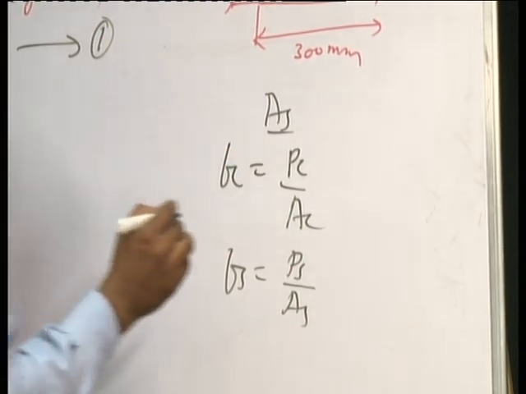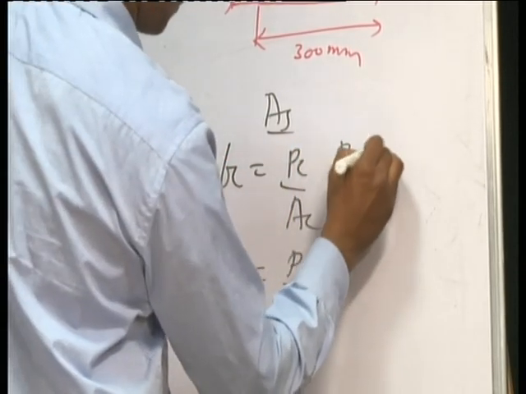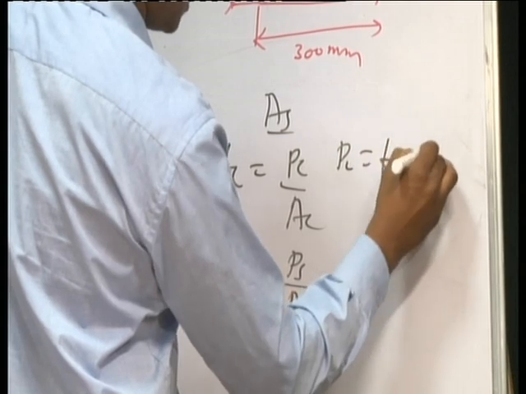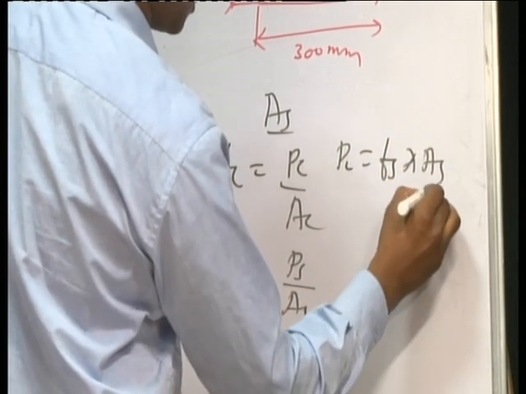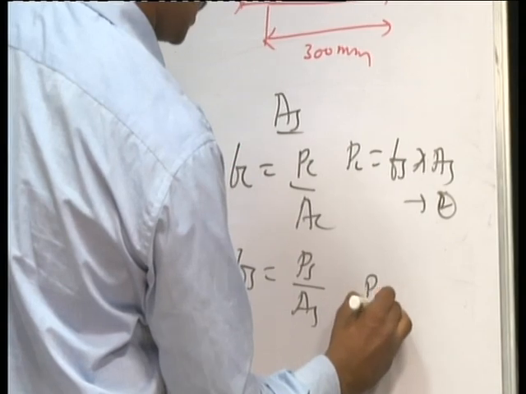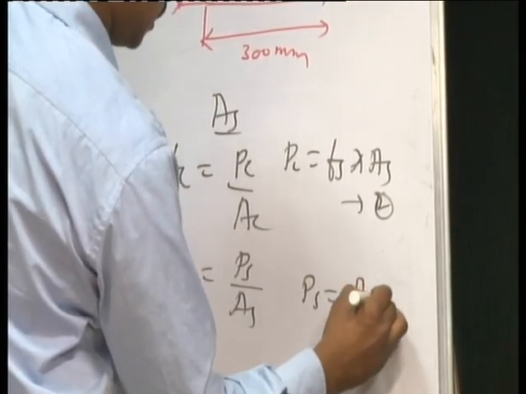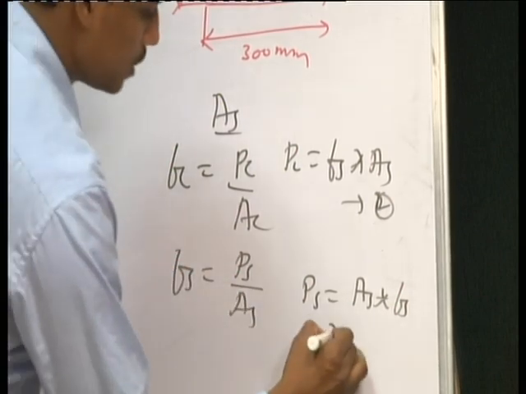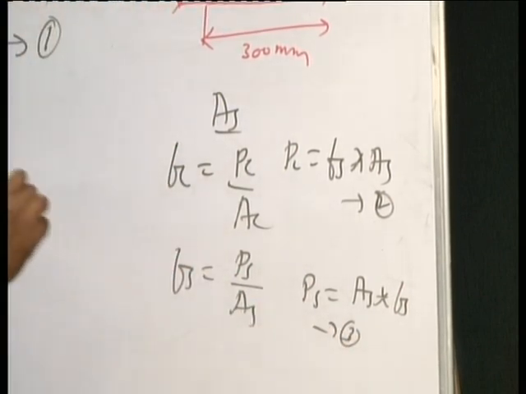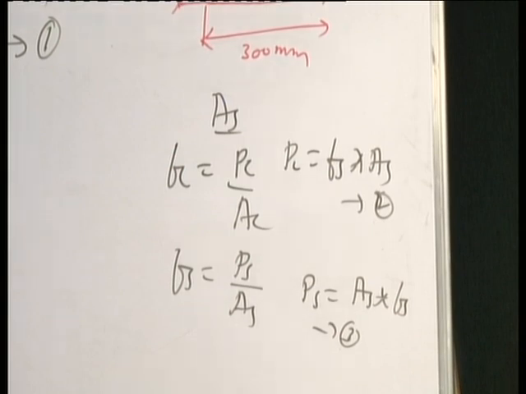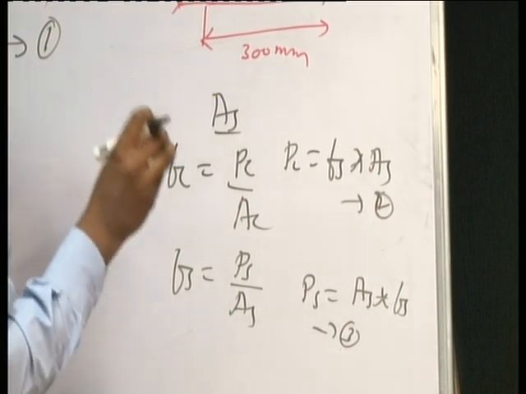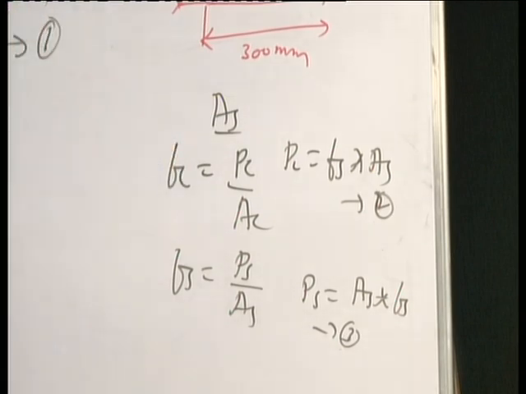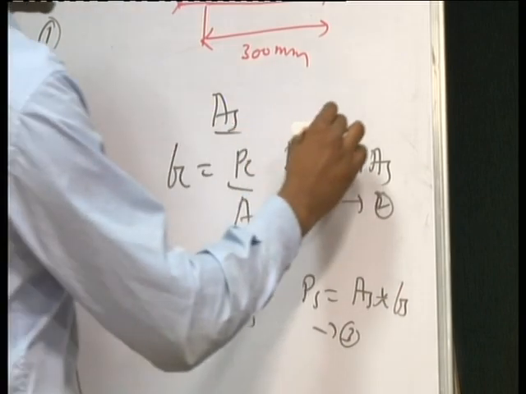So we can convert: PC is equal to AC into FC, equation number 2, and PS is equal to AS into Fs, equation number 3. Expressions 2 and 3 show we are expressing loads in terms of stresses and areas, because we know the values of stresses and areas.